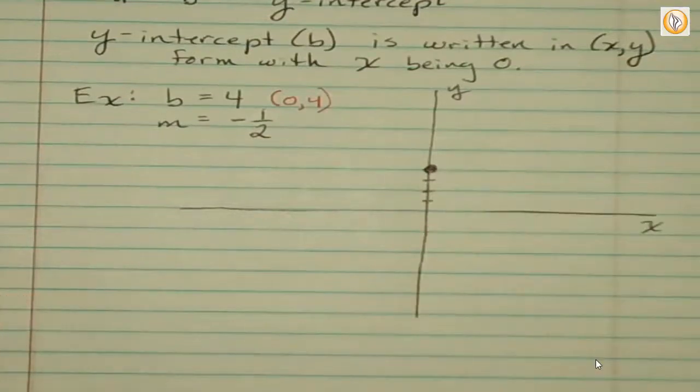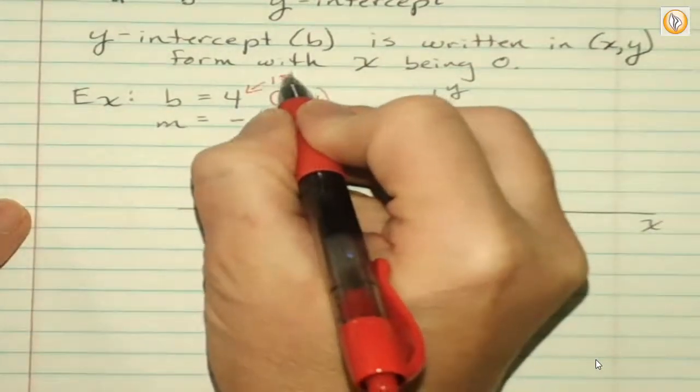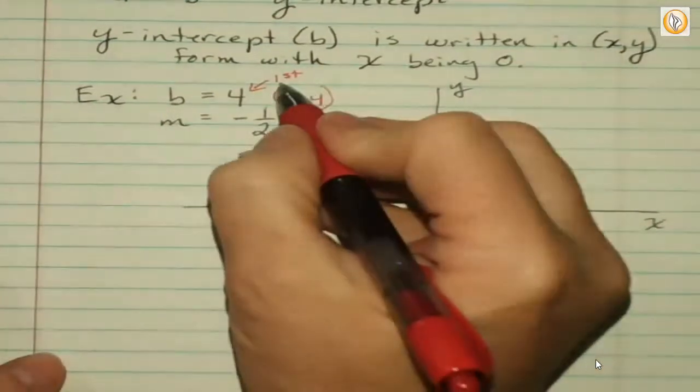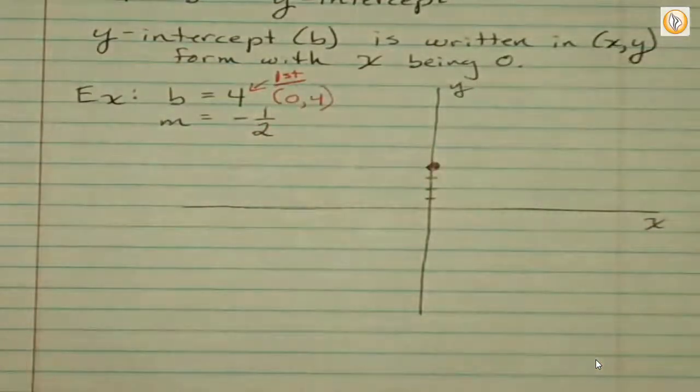The first thing you should always do when graphing a line is mark your y-intercept. Do you see how I have "first" written here? You should too, because if you try doing the slope, where are you going to go from? You have to do your y-intercept first. So y'all better have this written down.